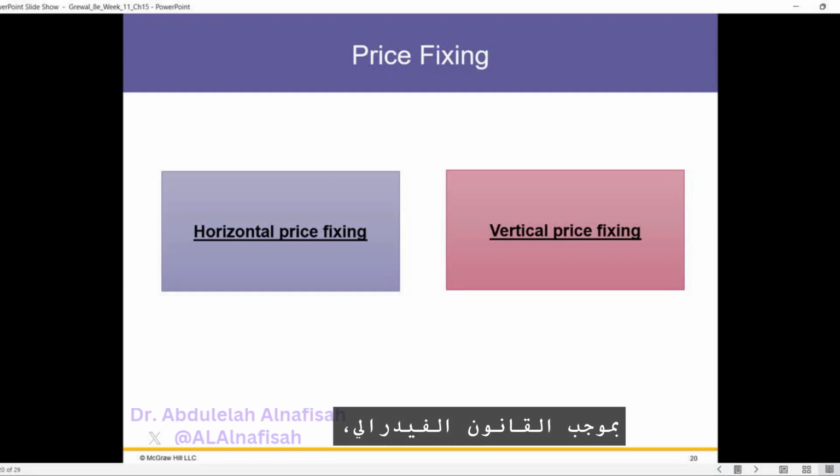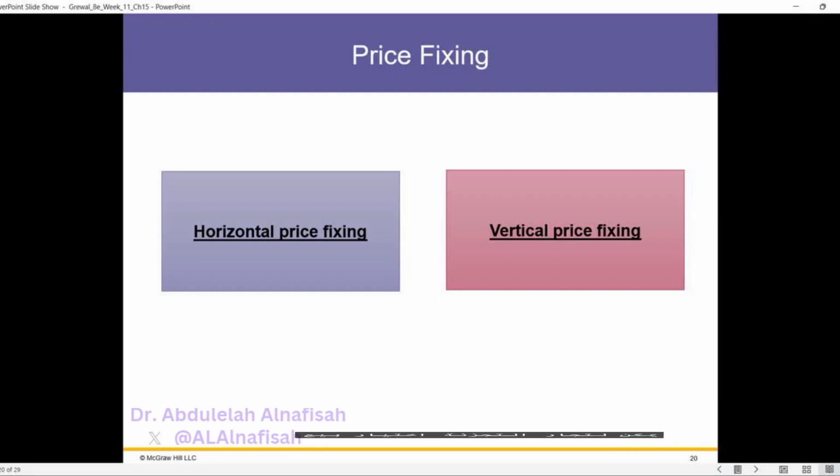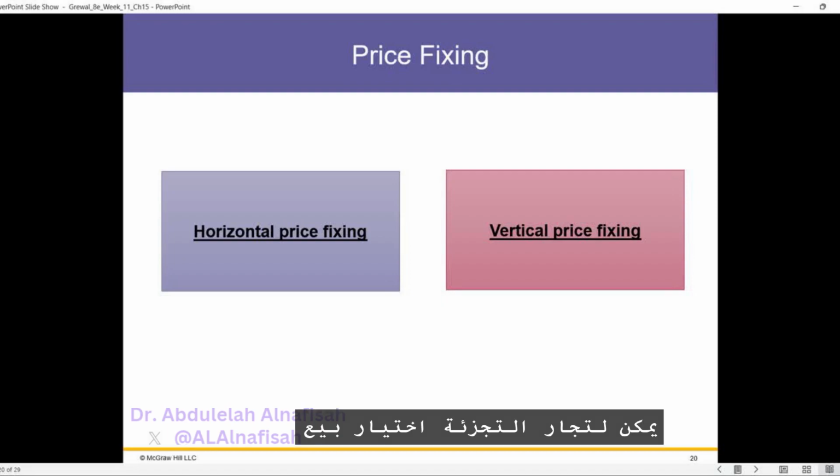Under federal law, manufacturers can enforce MSRPs through take-it-or-leave-it policies. Retailers can choose to sell products above or below the MSRP, while manufacturers can refuse to deal with retailers who do not comply.